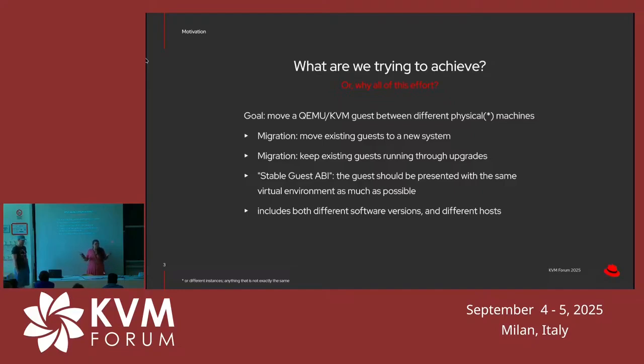And the guests should just keep running and basically see the same things like they did before. We call this stable guest API, that means basically the guest sees the same things. The ultimate aim is to make it completely stable so they don't notice it. That's just an aim and a goal. We cannot go there, but we try to.